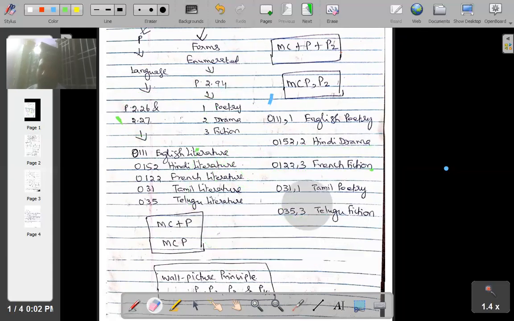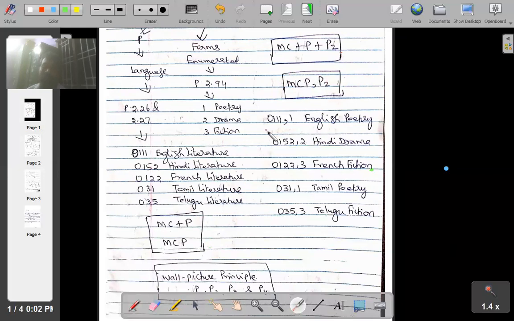Whenever you get a main class O with two fundamental ideas, maybe like language and then forms, you can use this particular formula: main class P, comma P2.